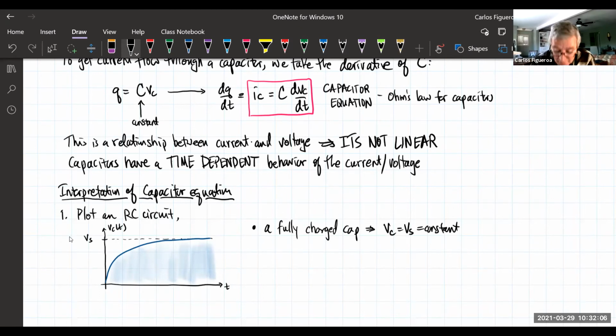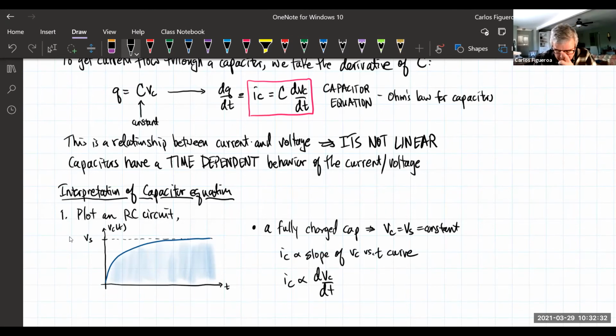But wait a minute. Note that the current is proportional to the slope of the VC versus t curve. In other words, IC is proportional to the slope, dV/dt.